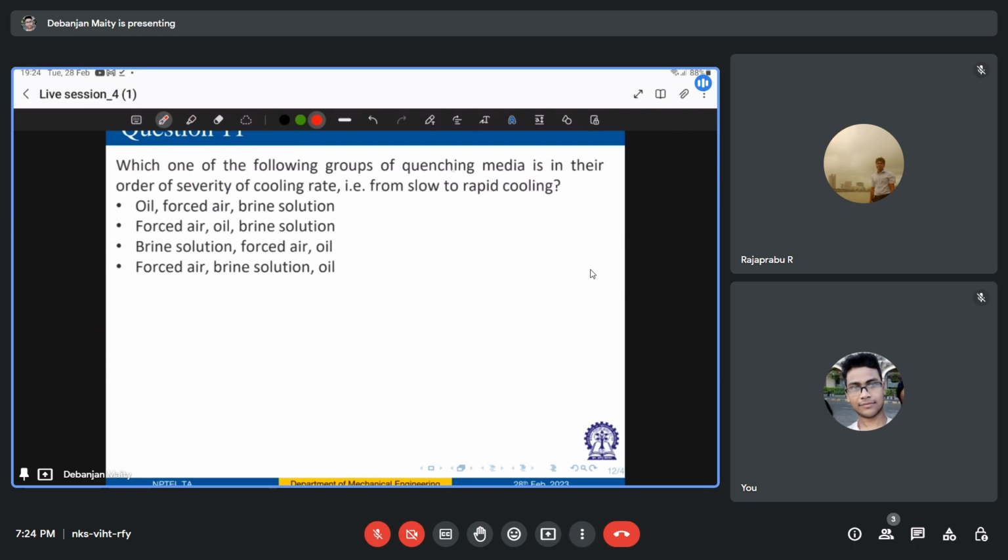Which one of the following groups of quenching media is in order of severity of cooling rate? So, what is severity of cooling rate?